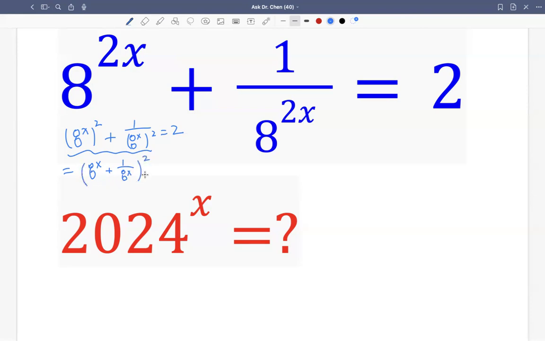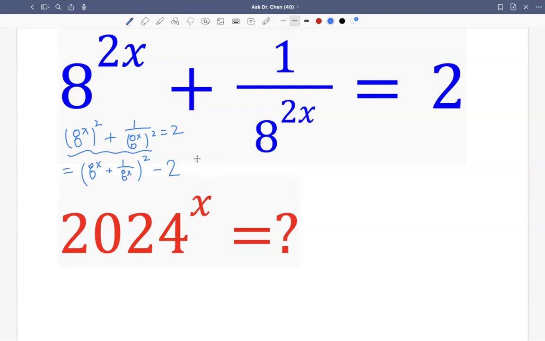So we want to make a perfect square. What's missing? We have a 2, because the middle term would be the first term times the second term, which is 1, then multiply by 2. So that means we need to offset -2.